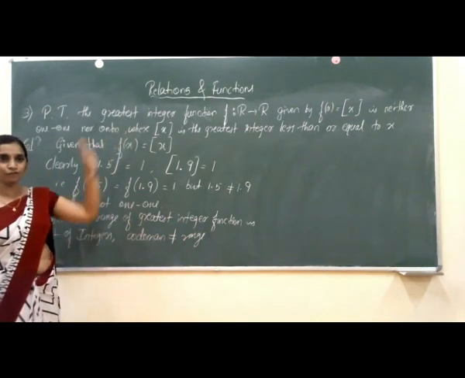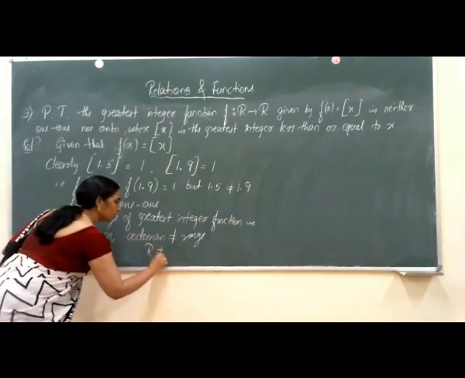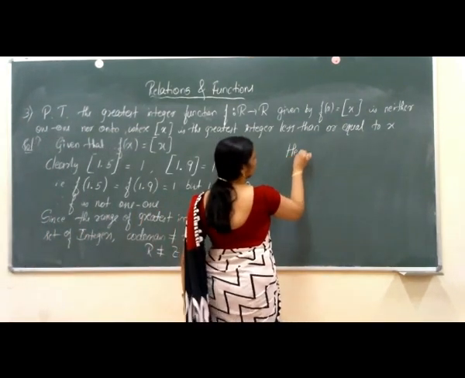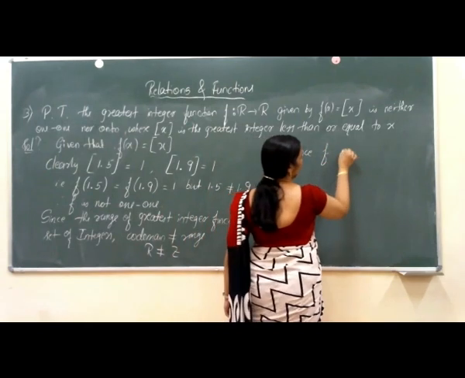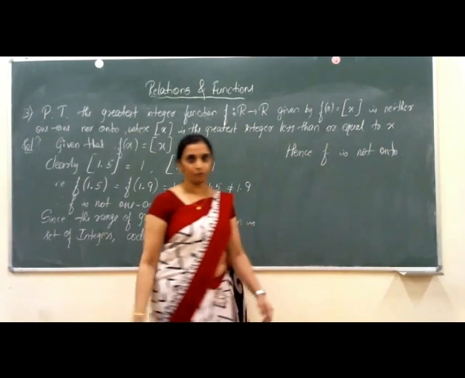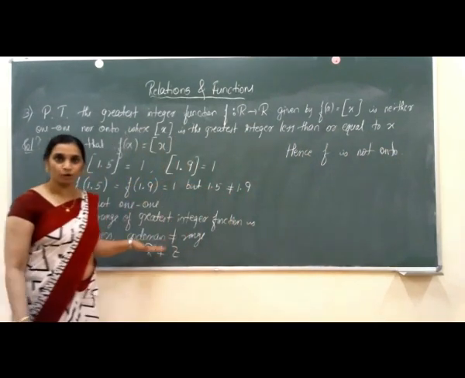Codomain is nothing but the set of reals, that is R is not equal to Z. Hence, f is not onto. I hope you understood this problem.